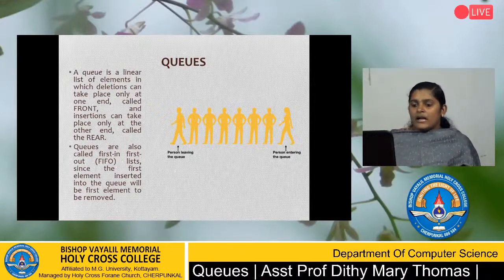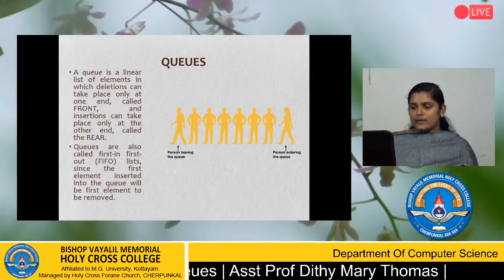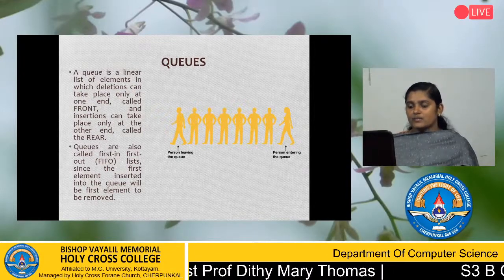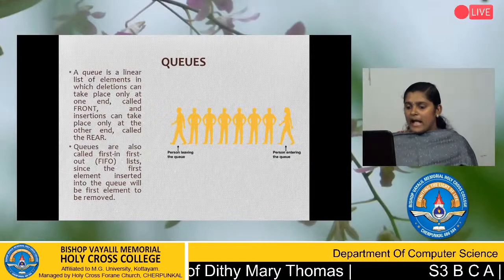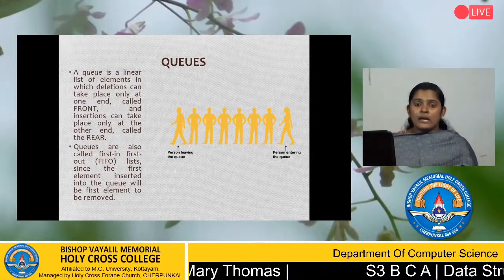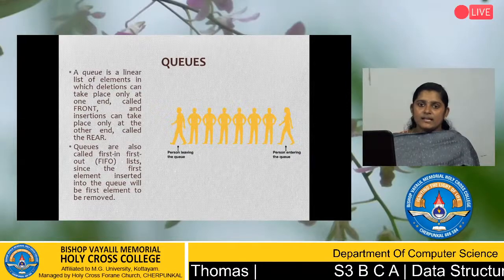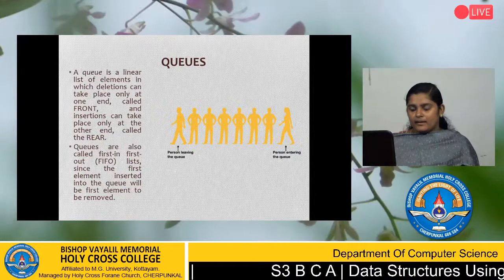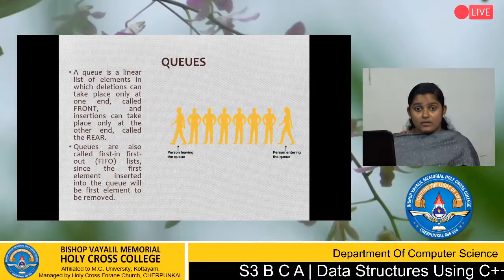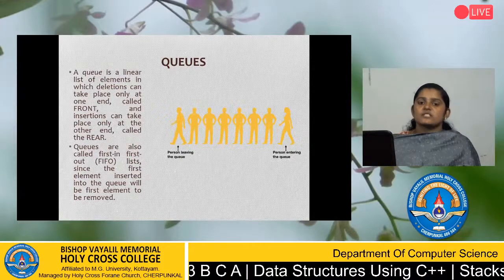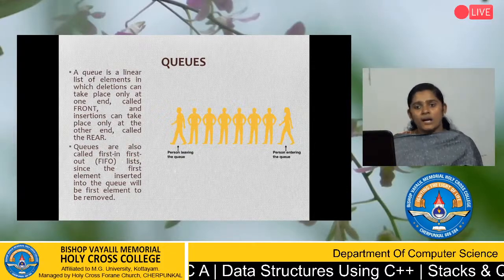A queue is a linear list of elements in which deletions can take place only at one end called the front, and insertion can take place only at the other end called the rear. Here two ends exist, front and rear. In the case of a stack, it has only one end, the top of the stack. Insertion and deletion take place only at the top of the stack.